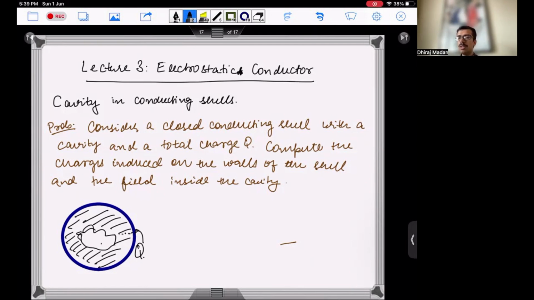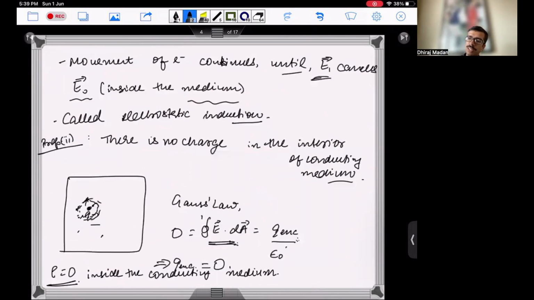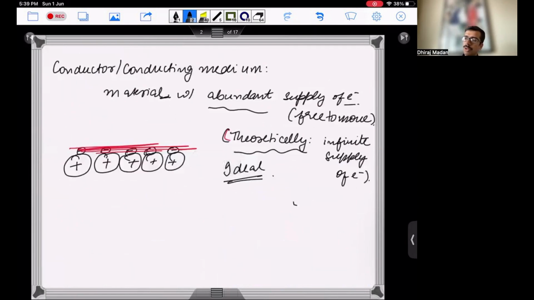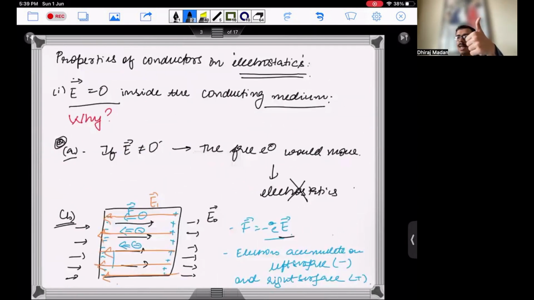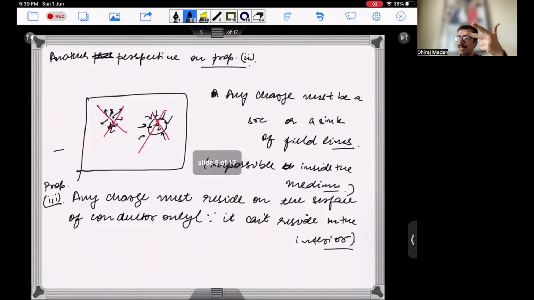First of all, the idea is that the charge cannot lie inside the conducting medium. Let me recall the 5 properties which we have seen in the first lecture of this series. Firstly, the electric field inside the conducting medium is 0. Secondly, there is no charge in the interior of the conducting medium.